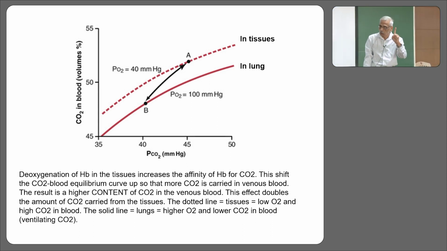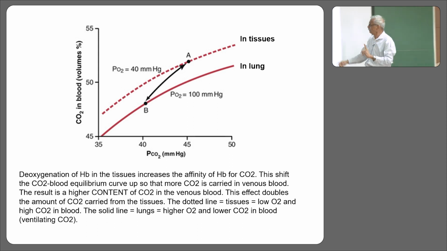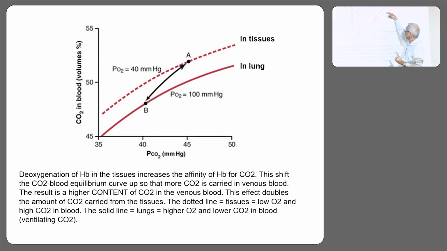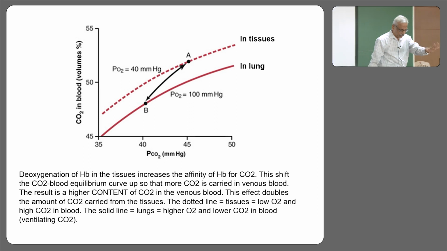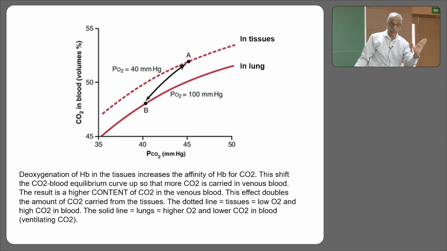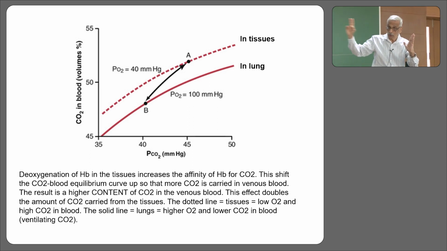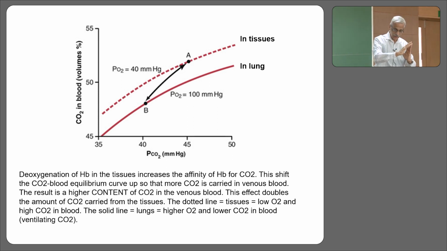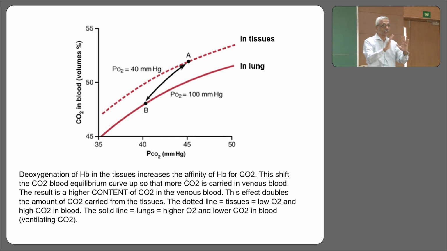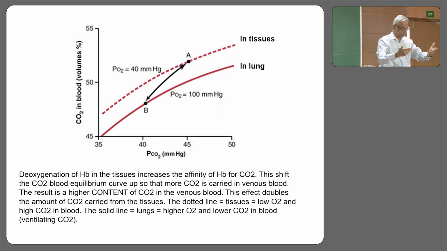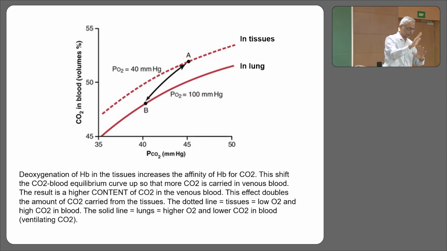If that were not to happen, and if this were the only curve, then this will go from here to here, meaning 100 ml of blood can go from 48 to 50, which means an increase of what? 2 ml. But because oxygen has gone away, hemoglobin can combine more readily with carbon dioxide. Therefore, the same hemoglobin can now carry 4 ml of carbon dioxide, exactly opposite of the Bohr effect.